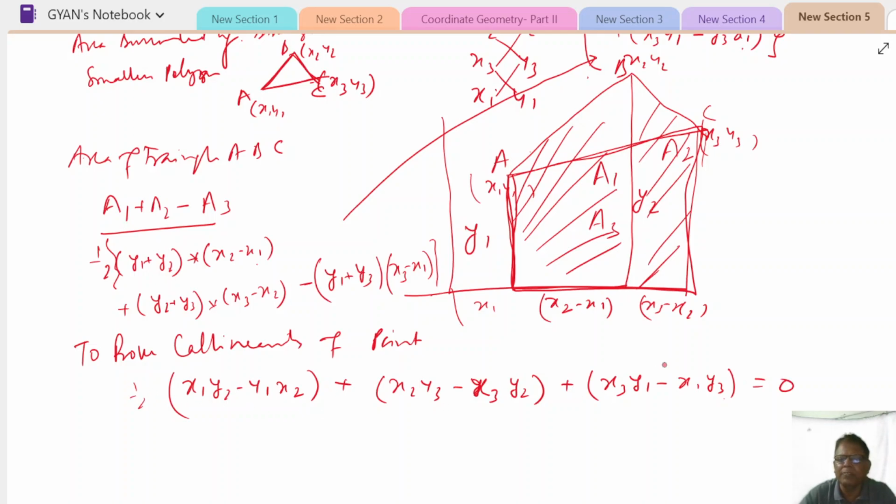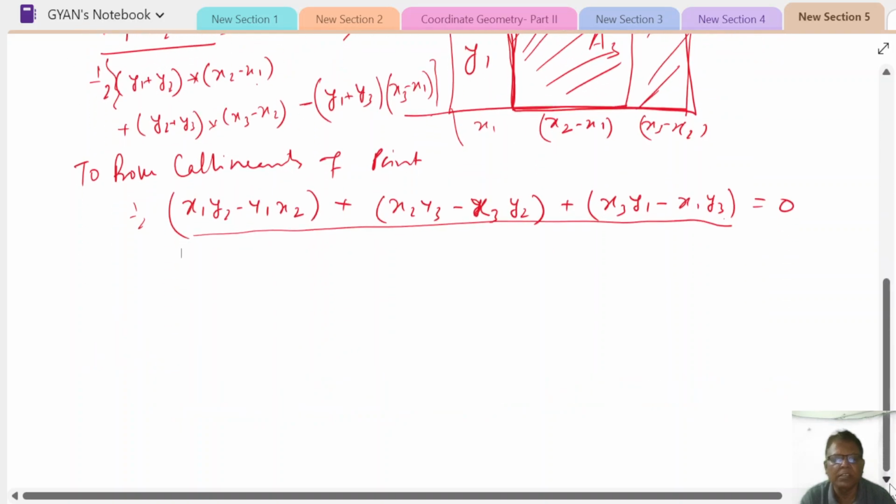Actually half of it is equal to 0, but the half we get here and it will be 0. If you are able to prove this, you can prove that the points are collinear.